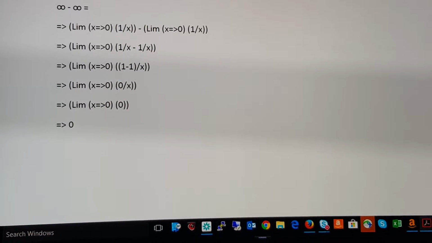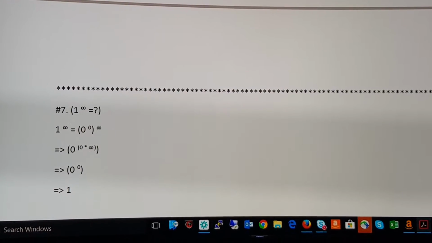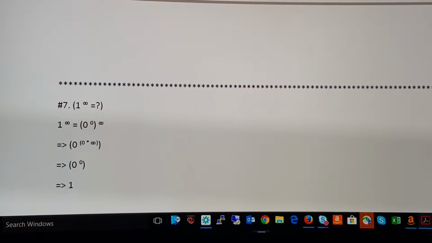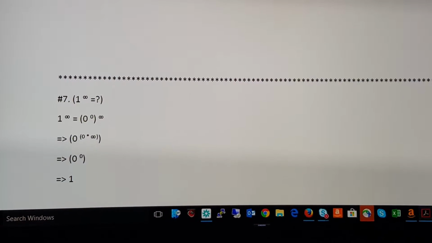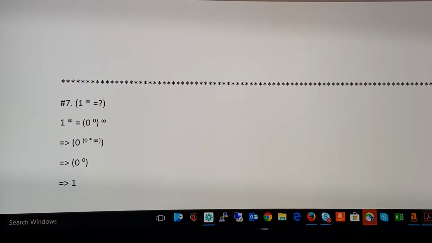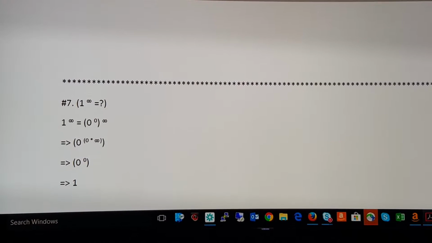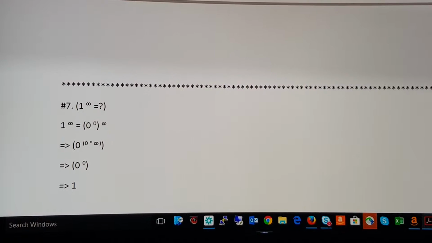So let's get to the last and the most interesting of the indeterminate forms: 1 to the power of infinity. What is 1 to the power of infinity? You can now use the first formula that we evaluated. It's 0 to the power of 0, whole to the power of infinity, which is equal to 1 to the power of infinity. We have already proven that 0 to the power of 0 is equal to 1.